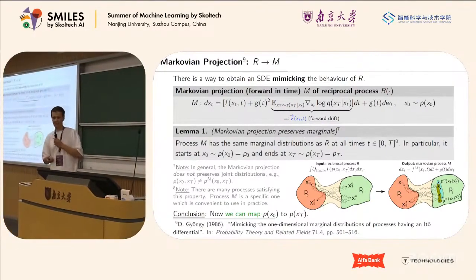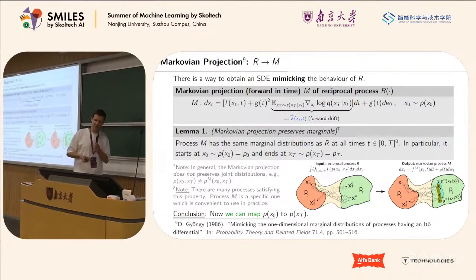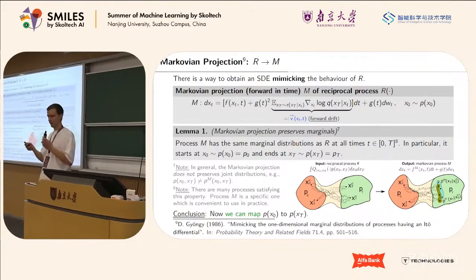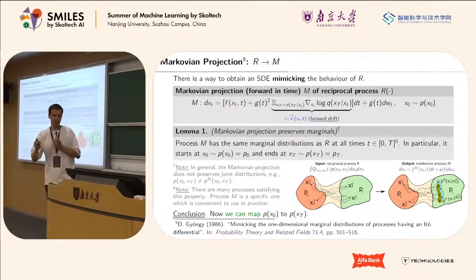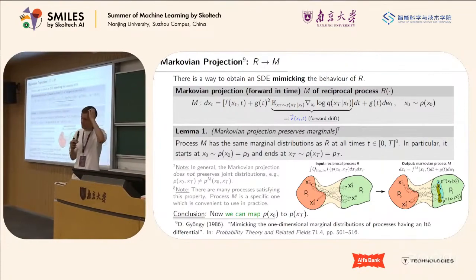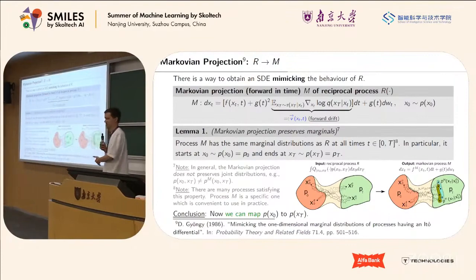This is done by a mathematical tool called the Markovian projection. It is a very, very general tool from the theory of stochastic processes, and in fact it is applicable not only to this class of reciprocal processes.